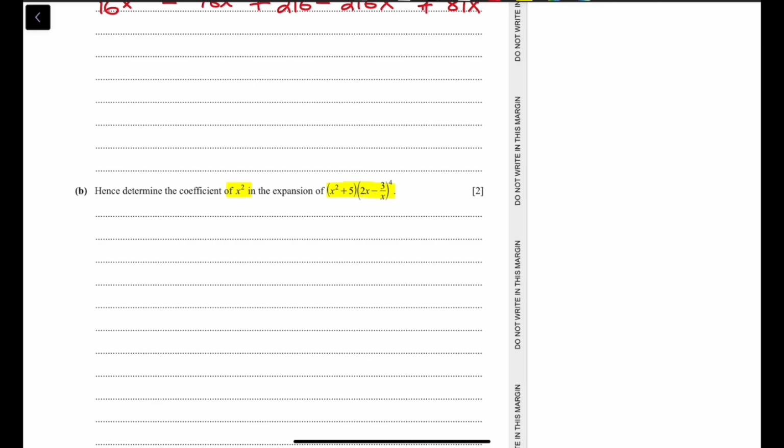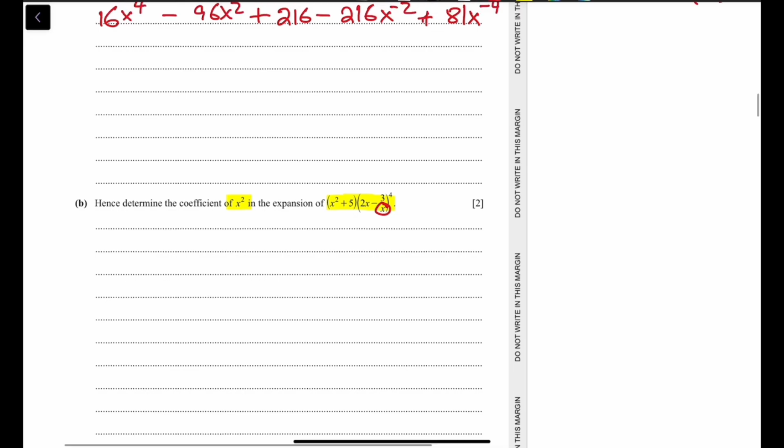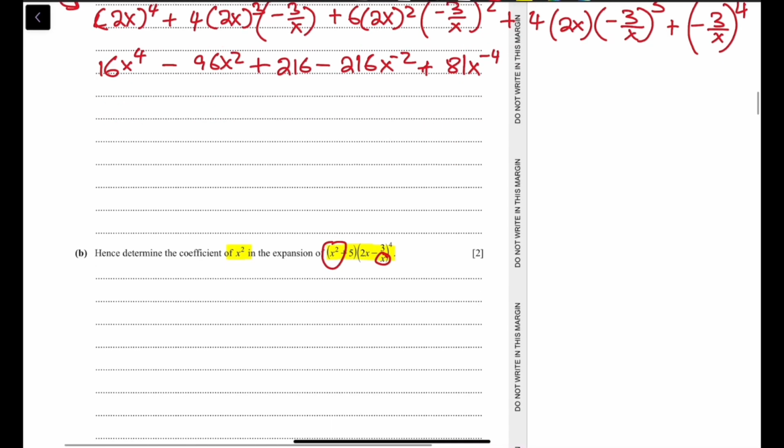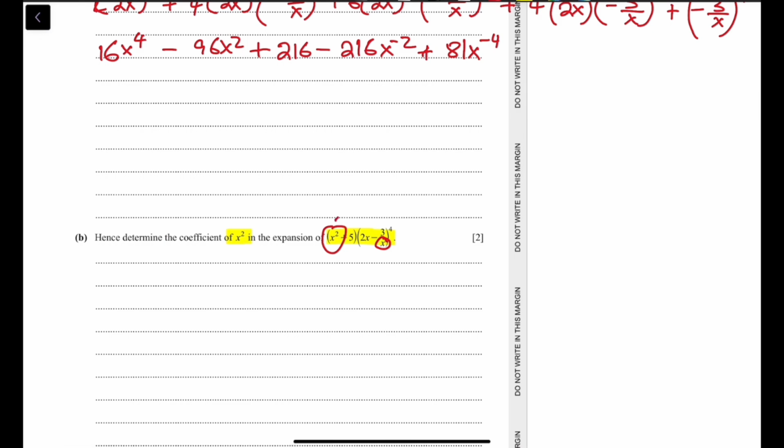So because there's x on the denominator here, there is going to be some cancelling out. And because there's an x squared here, to get an x squared, we need either two scenarios. Either the x squared multiplies with a number, or this 5 multiplies with an x squared from this expansion.